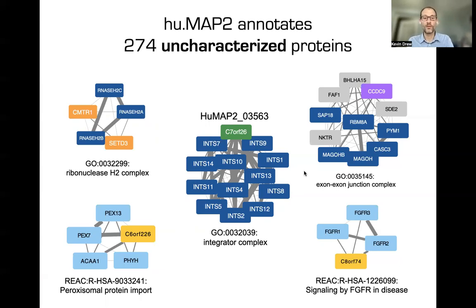We've been able to transfer annotations for over 270 highly uncharacterized proteins because of their physical associations to highly characterized protein complexes. One example of this is shown here in the middle, C7orf26, which was physically associated with the integrator complex. These provide highly testable hypotheses that we can go into the lab and really test out.